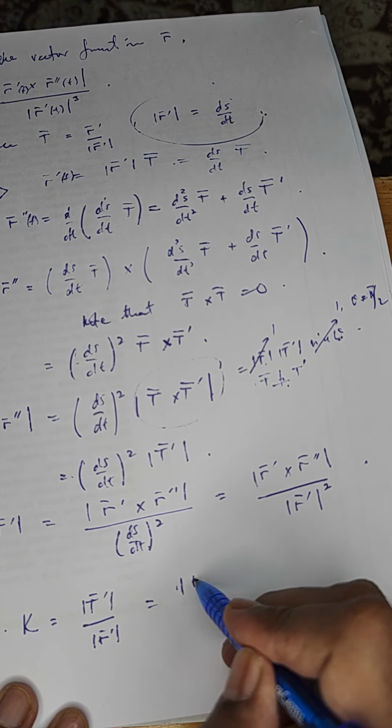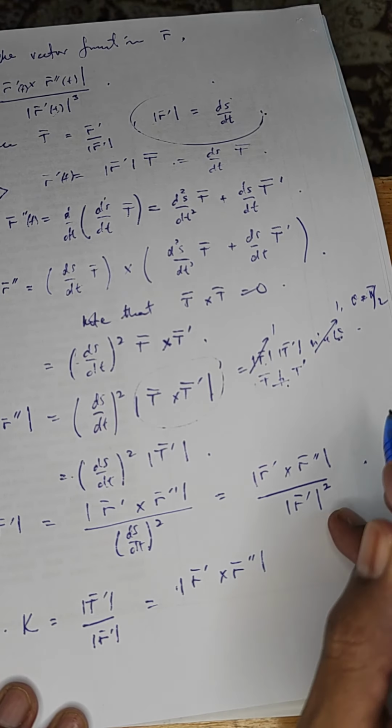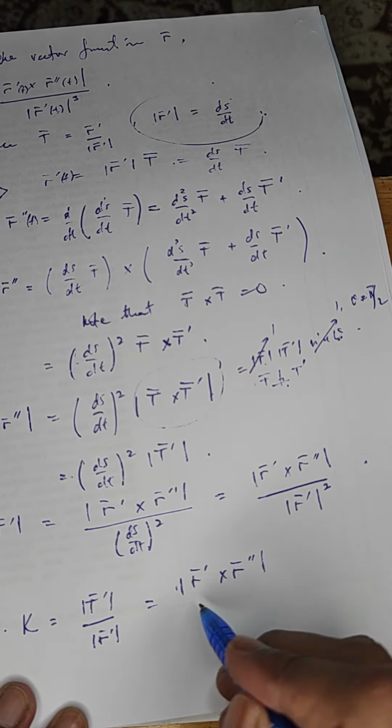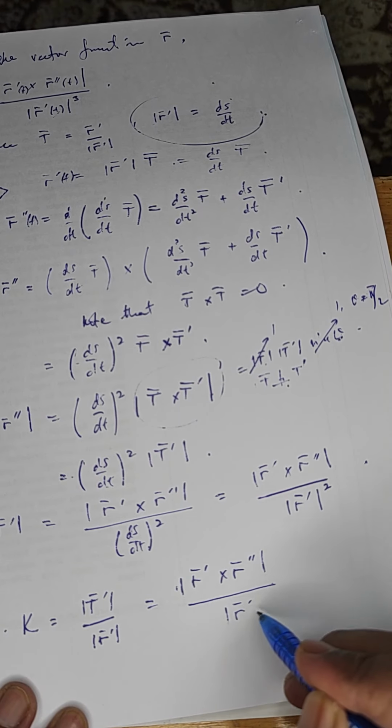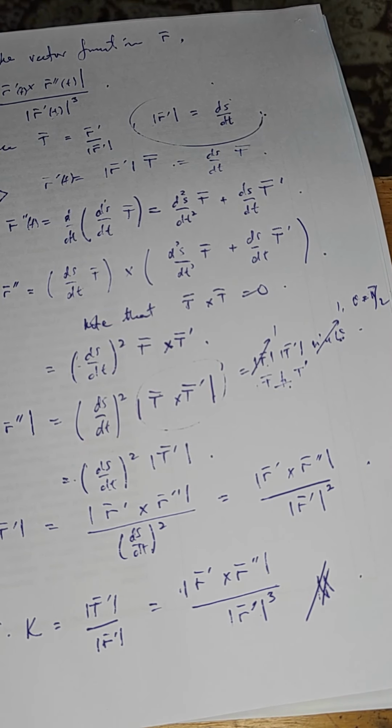So we have r prime cross r double prime. So here we have 2, here we have 1, so we have r prime cubed. So this is the required proof that we want.